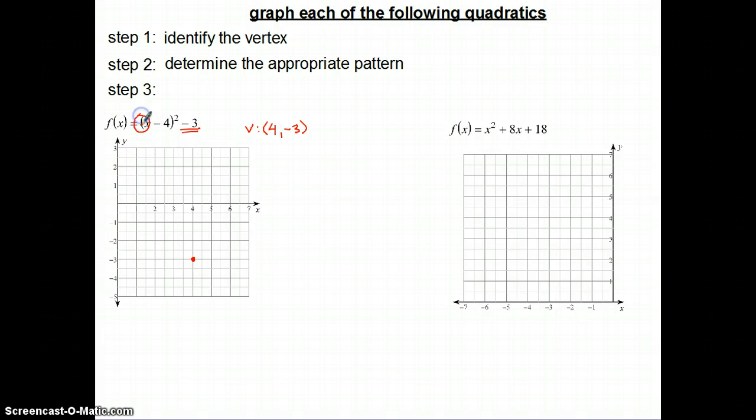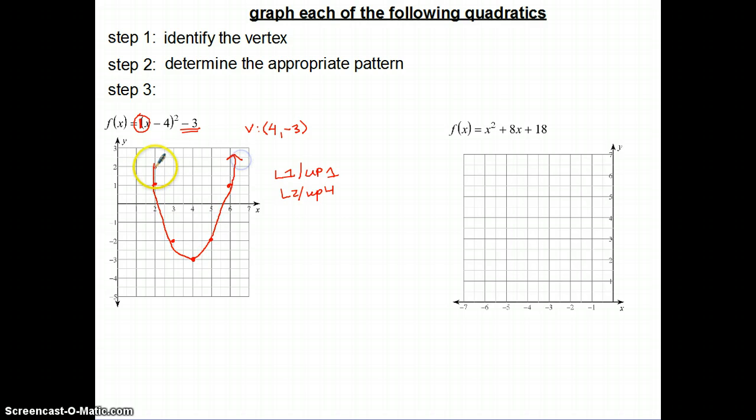Since there is no number in front, I assume it's a 1, which tells me I can follow my pattern: left 1, up 1, left 2, up 4, and the same on the right: right 1, up 1, right 2, up 4, and connect your dots to graph.